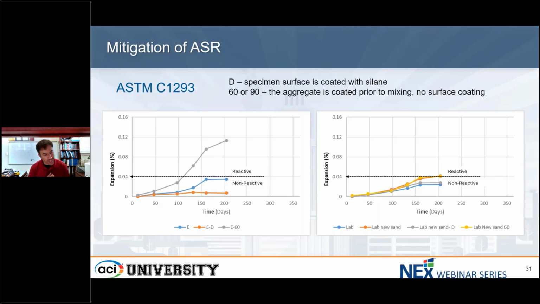So we kind of have a complicated scenario here. But in other cases with other aggregates that are known reactive but not as reactive as Job, we see that even coating the aggregates has a beneficial impact on the behavior.